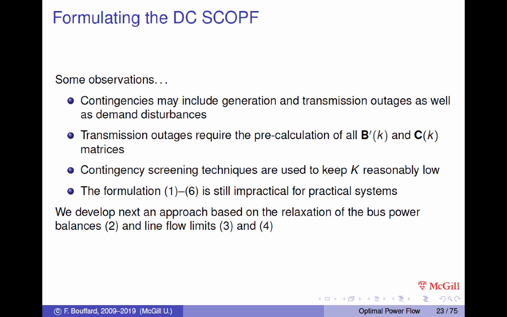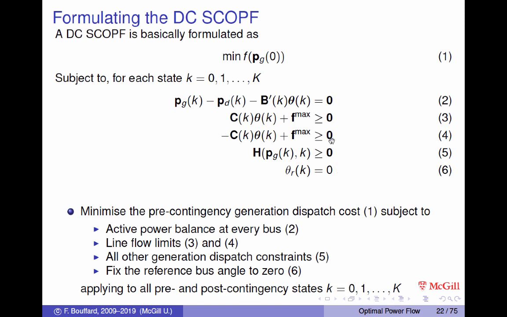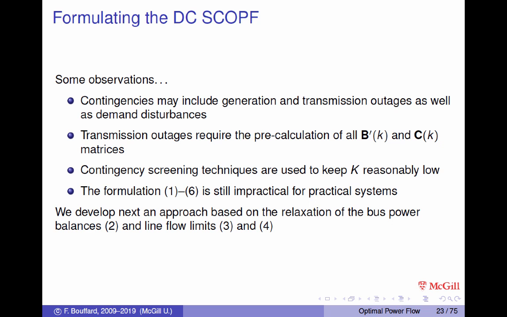But very important to realize here is that in the case of transmission outages, you need to have the B prime matrix from the DC power flow, and the matrix C, pre-calculated before the fact, because we need this information, the representation of the topology of the network and of its susceptance matrix, beforehand. So this is an issue. It requires all of this to be pre-calculated and stored somewhere.